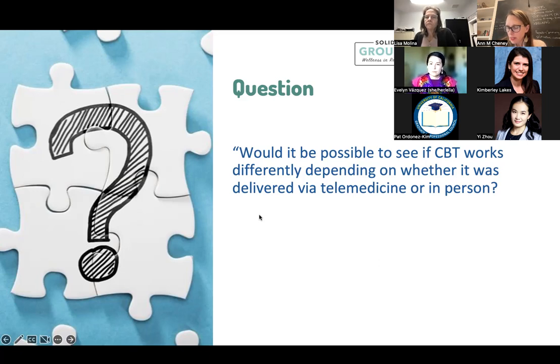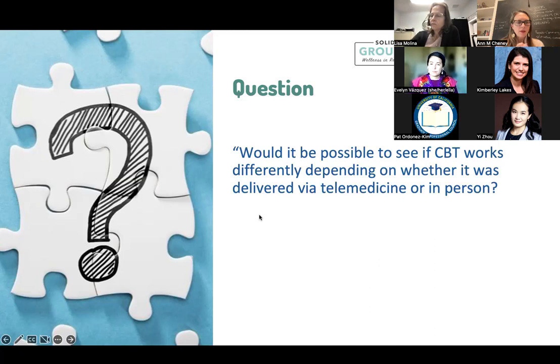Some of the things we want to understand is whether individuals are randomized to the CBT intervention. Let's say the CBT intervention is Seeking Safety.